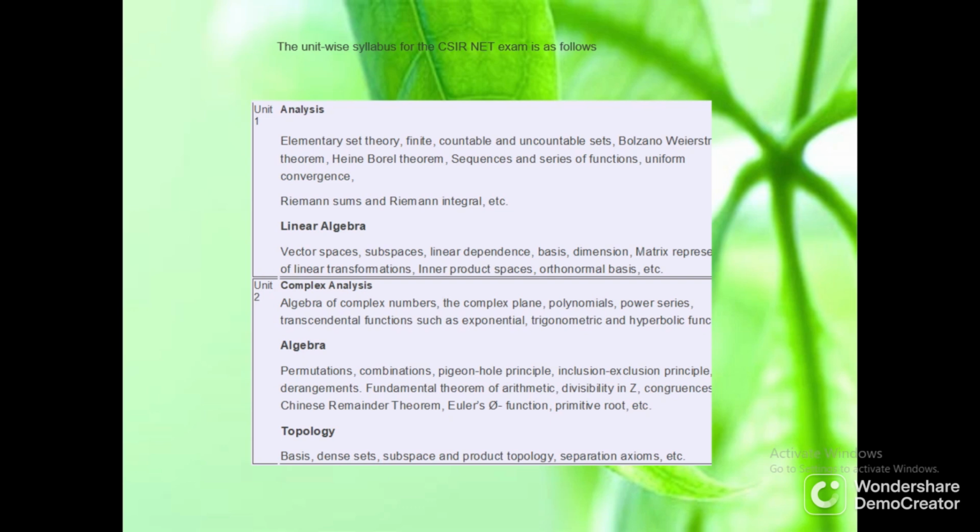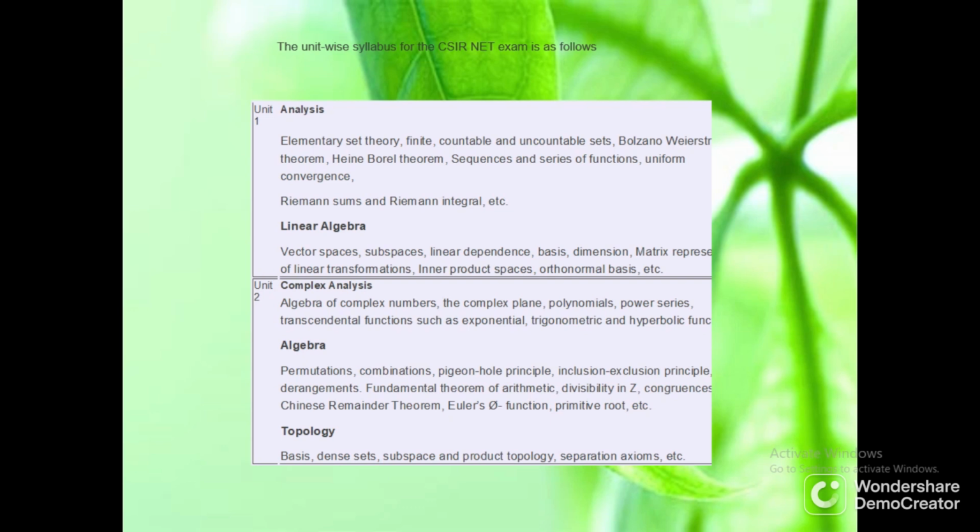In analysis, unit 1 is analysis, mainly real analysis: elementary set theory, finite, countable and uncountable sets, Bolzano-Weierstrass theorem, Heine-Borel theorem, sequences and series of functions, uniform convergence, Riemann sum, Riemann integral.